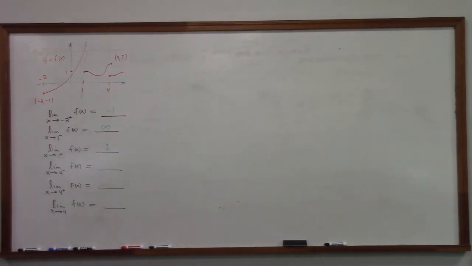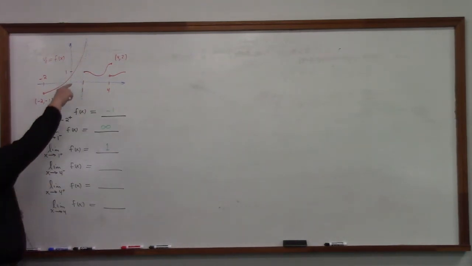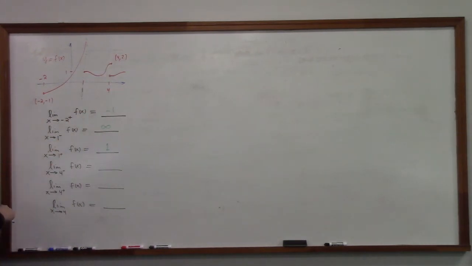Limit as x approaches 4 from the left. Excuse me, from the left is a problem for me. X approaches 4 with an upper minus. There we go. It's the top one, right? 2.